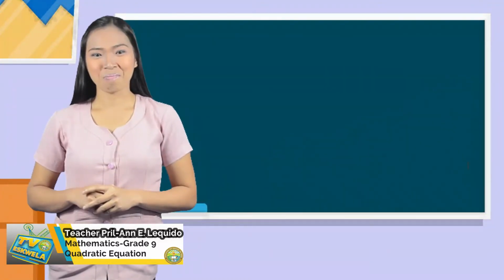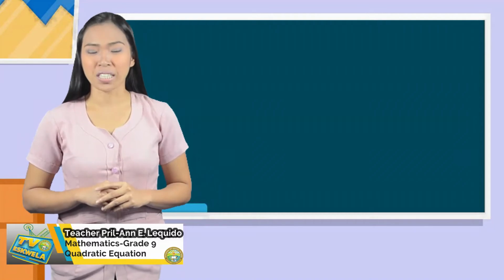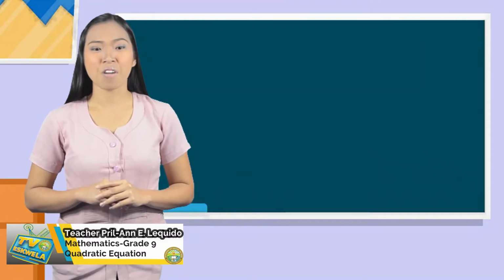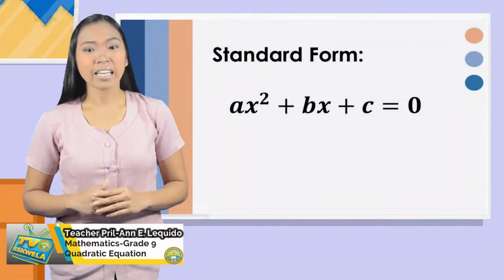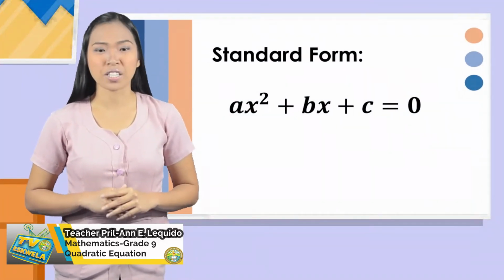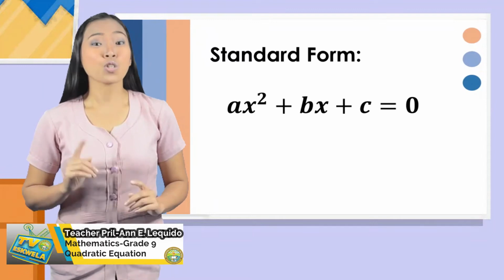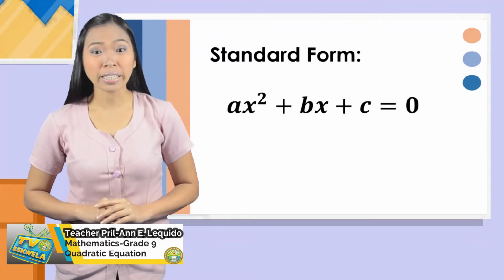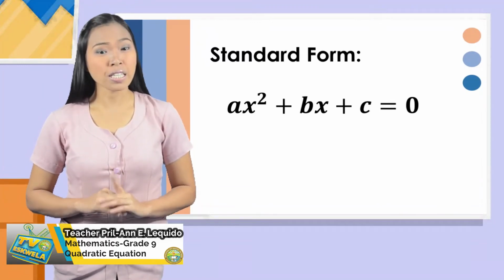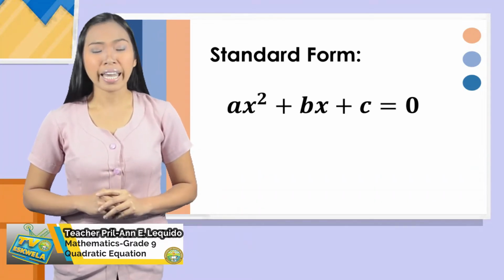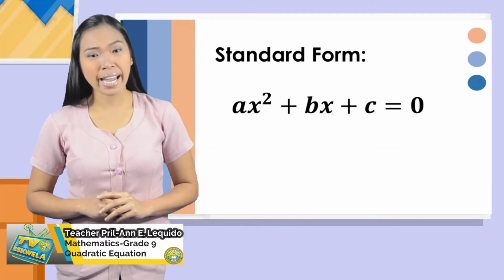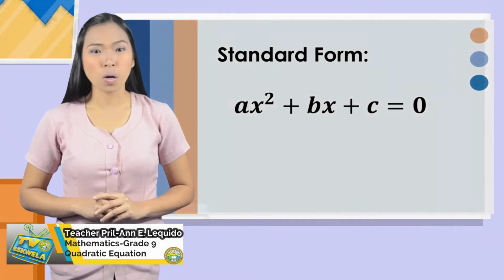Great! It is very important that we can identify the values of a, b, and c in a certain quadratic equation. To do that, our quadratic equation must first be in standard form or in the form ax squared plus bx plus c equals 0.